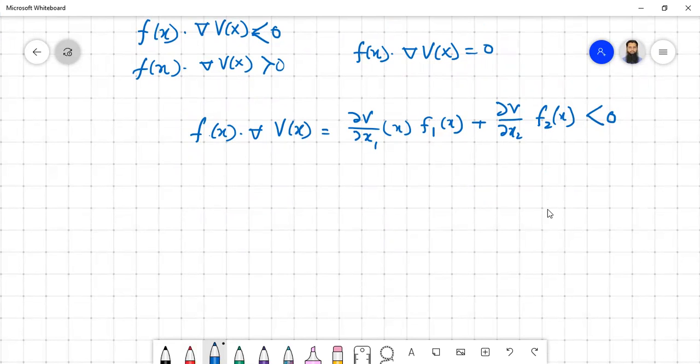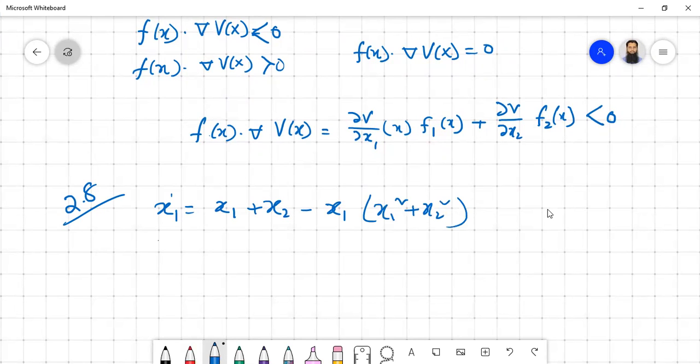First of all, let's see what the question says. We have a system, this is example 2.8. x1 dot equals x1 plus x2 minus x1 times (x1 square plus x2 square), and then x2 dot equals minus 2x1 plus x2 minus x2 times (x1 square plus x2 square).